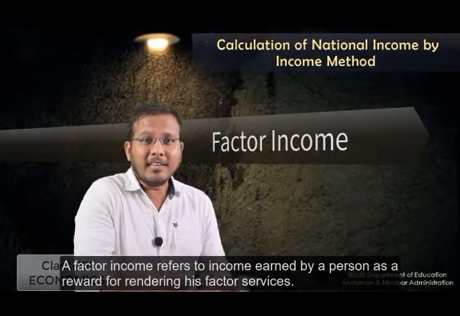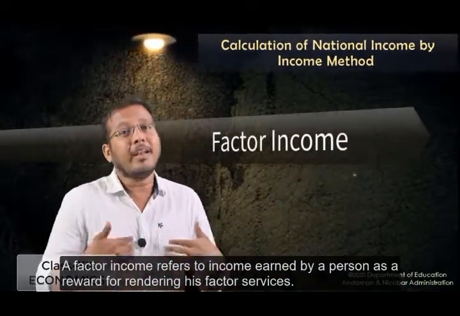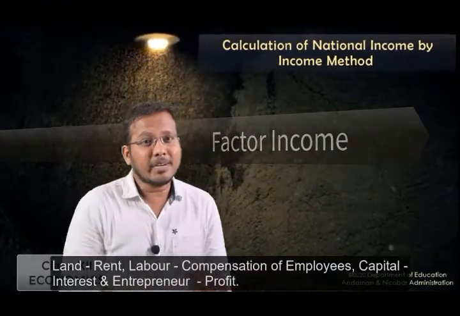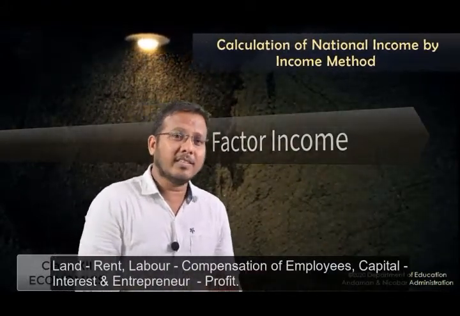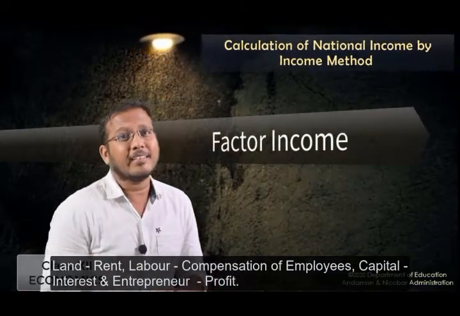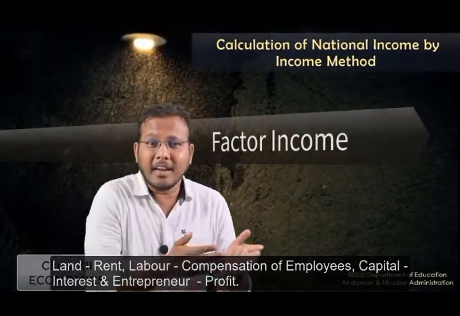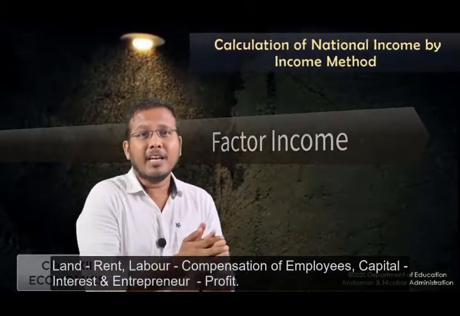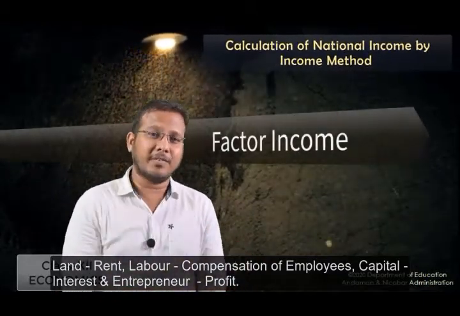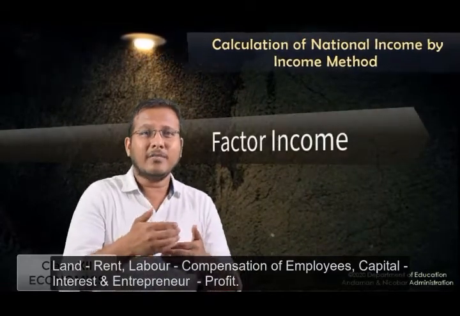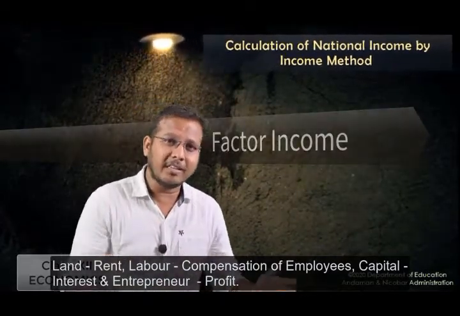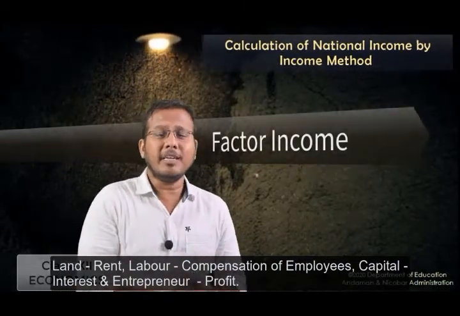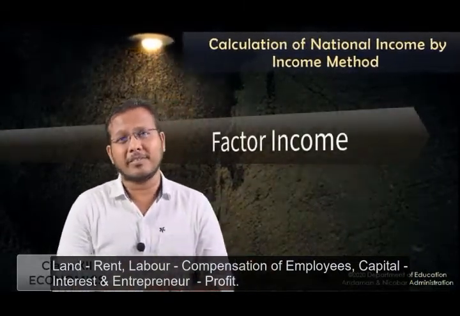When these factors of production are paid in return, the land gets the rent, the labor gets the compensation of employees, the capital is paid as interest, and at last the entrepreneur gets the profit as part of his factor services. So these are the four factor incomes earned by all the factors of production in an economy for rendering their services in the production of goods and services.